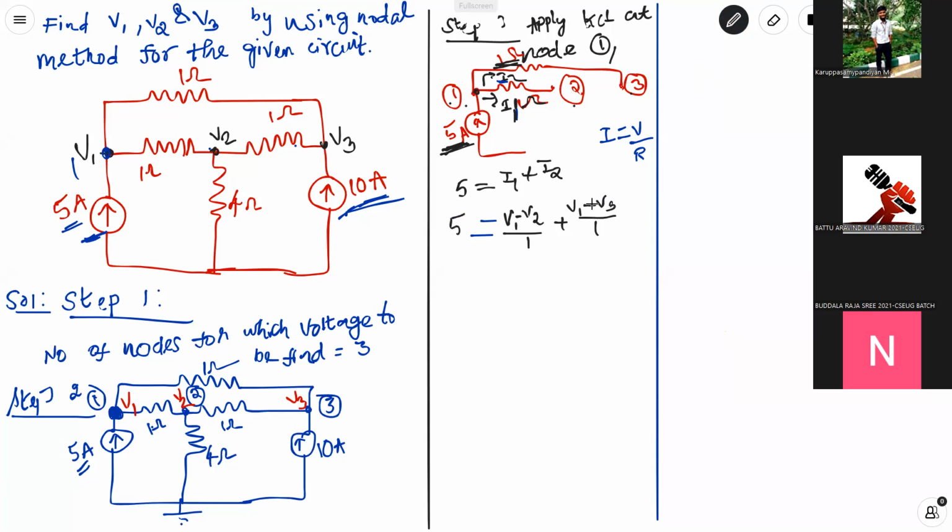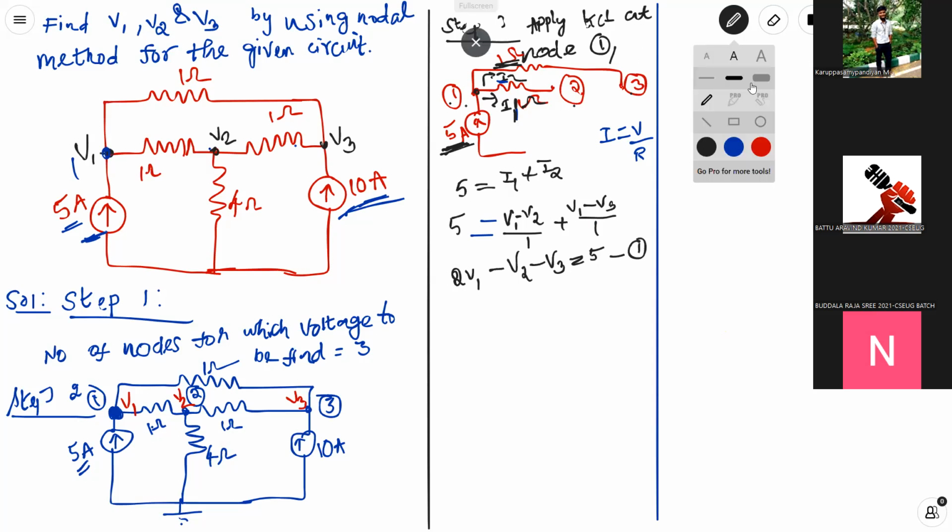Now we just simplify this expression. All are 1, right? So V1 plus V1, 2V1 minus V2 minus V3 equals 5. Okay, this is equation number 1. Clear on this one? Clear, yeah? We'll go for the next.